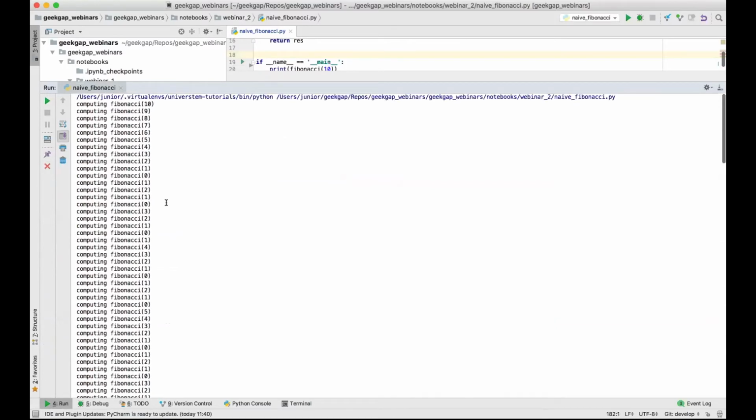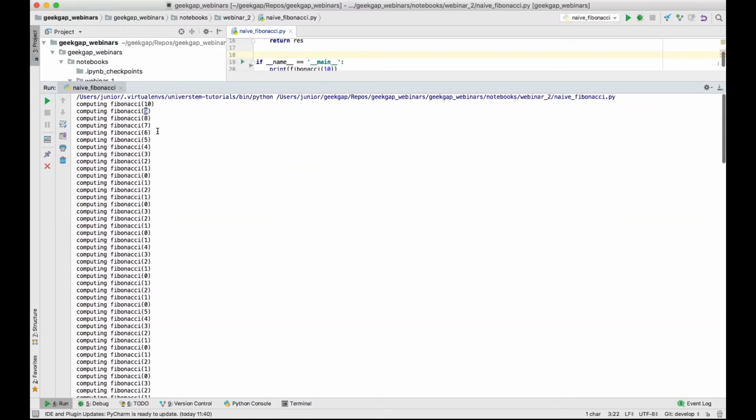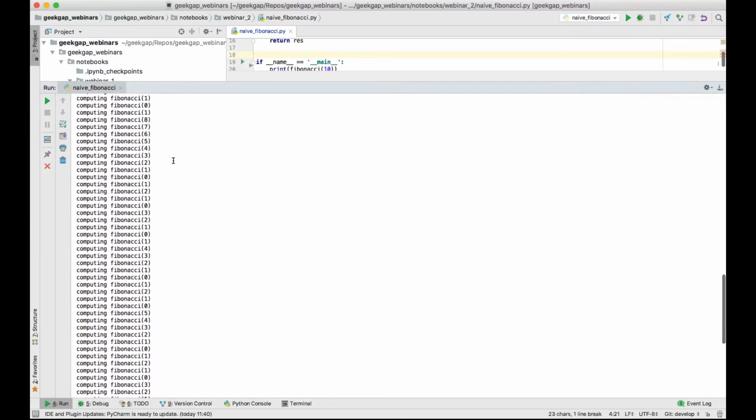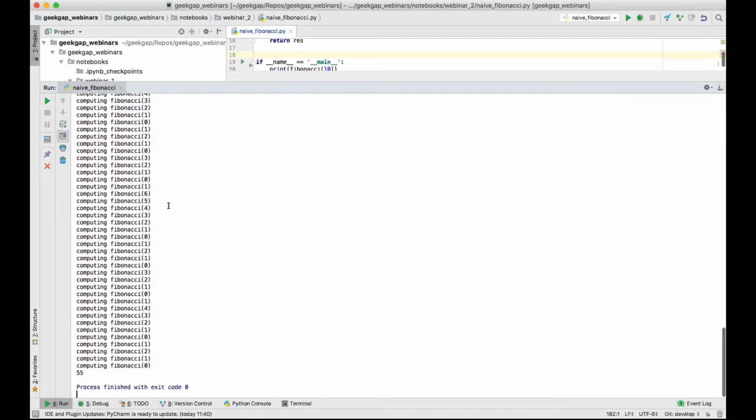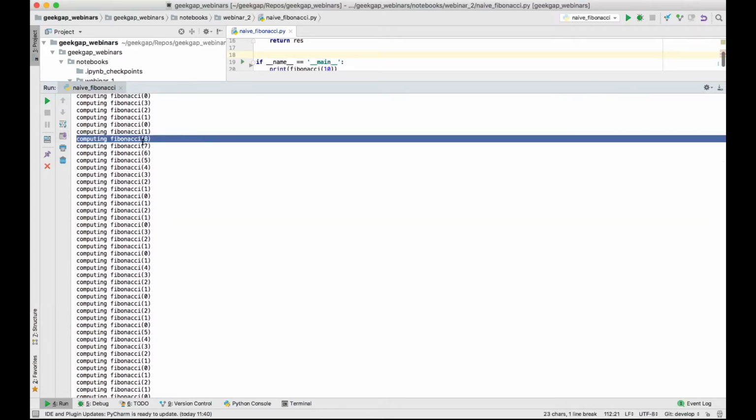Look at everything. We do Fibonacci of 9, we do it here. Fibonacci of 8, I think we compute many times. So this is Fibonacci of 8 that we're trying to find, and we're also trying to find it somewhere here, somewhere here again. Same thing for Fibonacci of 7.